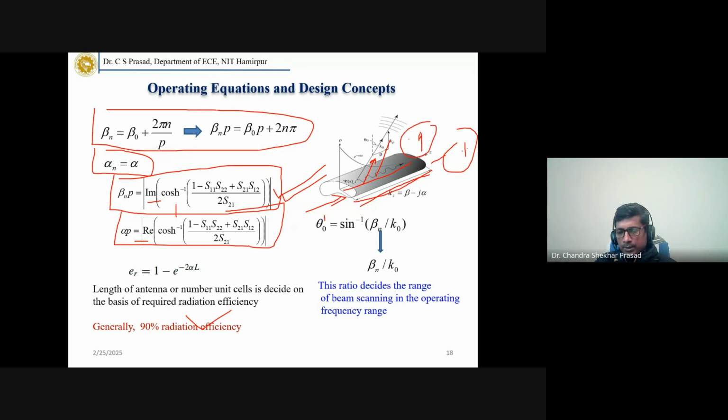So this is the general design guideline to have 90% radiation efficiency, and it is given by this equation. You can put 0.9 here and calculate the value of L. This value of L will depend on alpha, because this represents the loss.